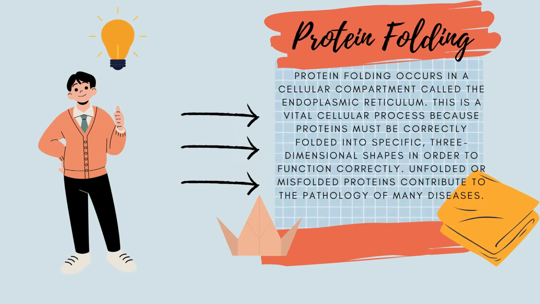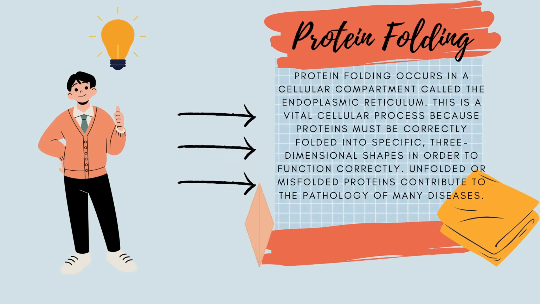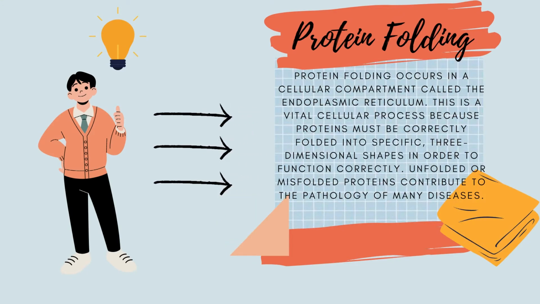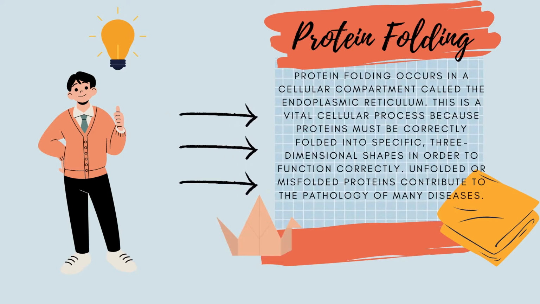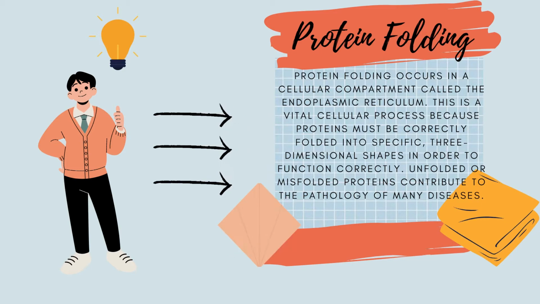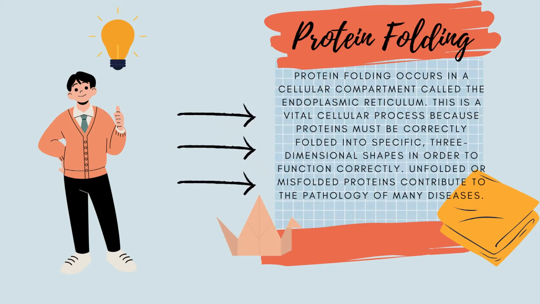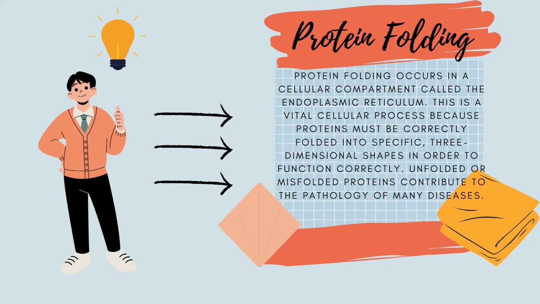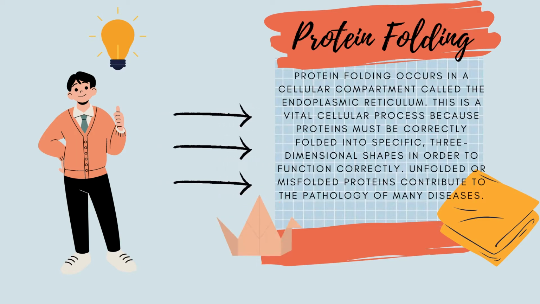Protein folding occurs in a cellular compartment called the endoplasmic reticulum. This is a vital cellular process because proteins must be correctly folded into specific three-dimensional shapes in order to function correctly. Unfolded or misfolded proteins contribute to the pathology of many diseases.